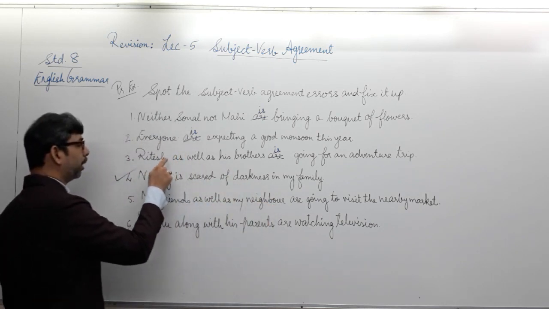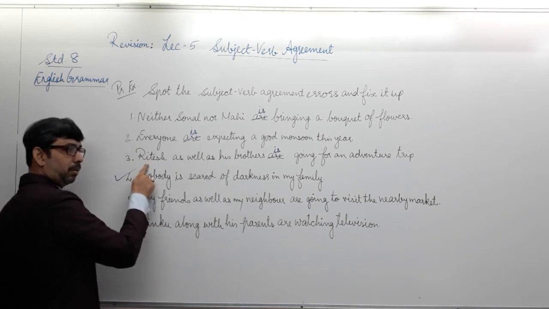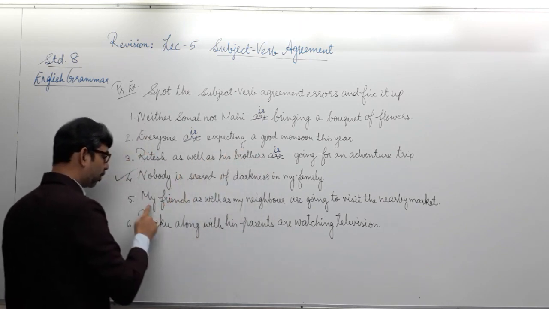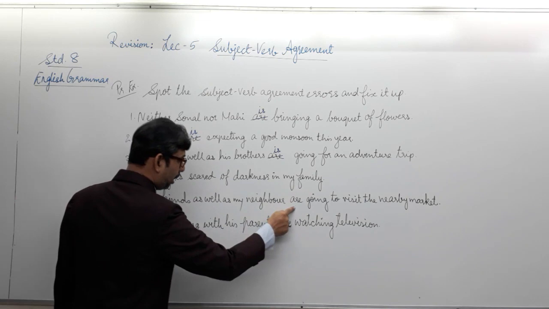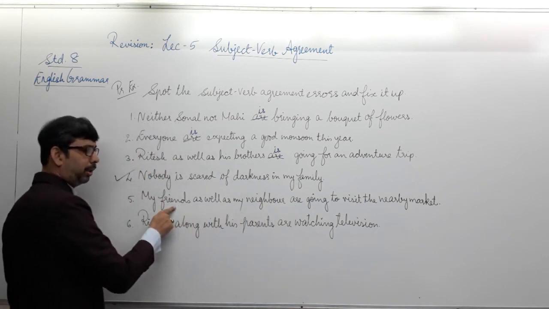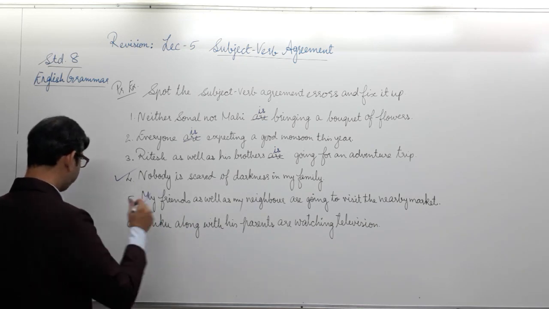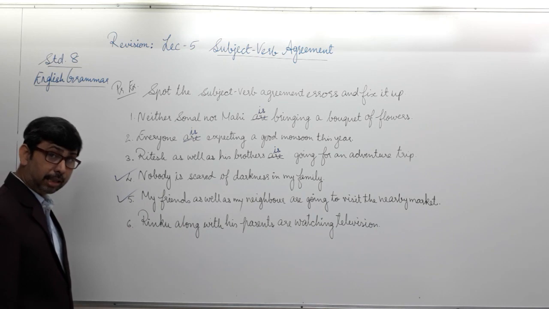As we understood in the rule with Ritesh and brothers, we consider the first noun to agree with the verb given in the sentence. My friends is a plural noun, therefore "are" is very appropriate to connect with the word friends, so we don't have to make a change in this sentence too. Let's put a tick mark over it and consider it a correct sentence.